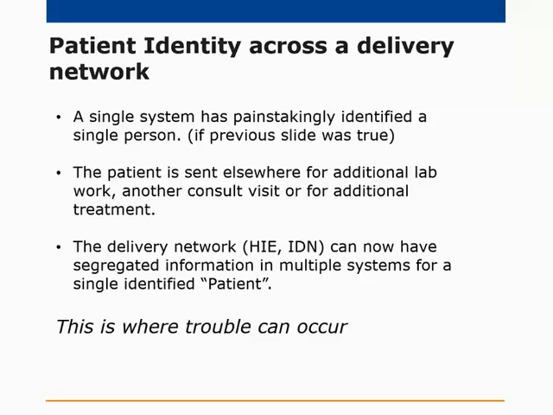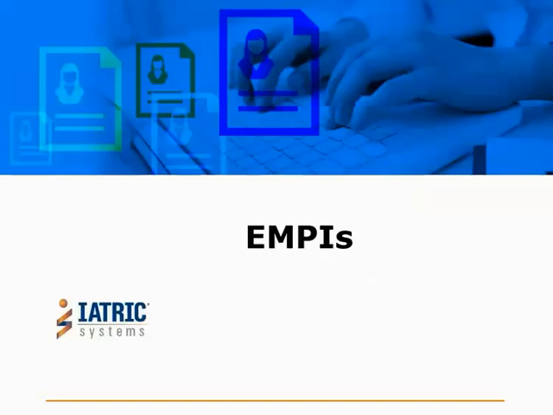But of course now the patient is sent elsewhere. They go for lab or a consult or a visit for other types of care. And now we're dealing with not just this little hospital. We have HIEs and IDNs, and now that information gets segregated into multiple systems, and it's hard to identify one place for that patient to reside and all of their information.